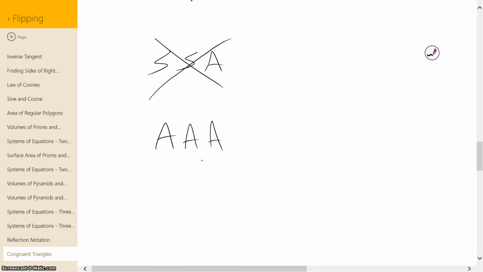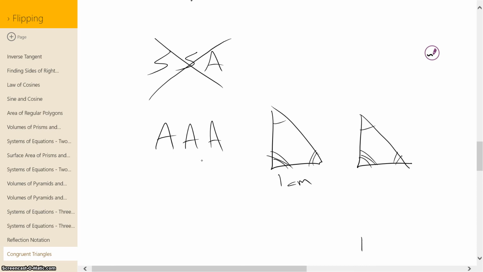Angle, angle, angle. That could tell you that you've got two similar triangles, but you're not guaranteed that they're going to be congruent, because while this one might have a side length of maybe 1 centimeter, this one over here could be like 1 light year in length.